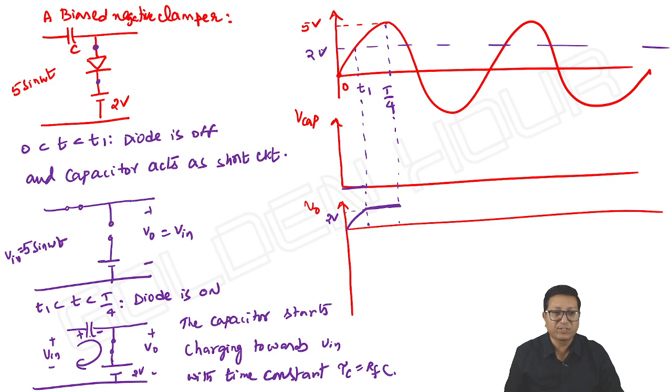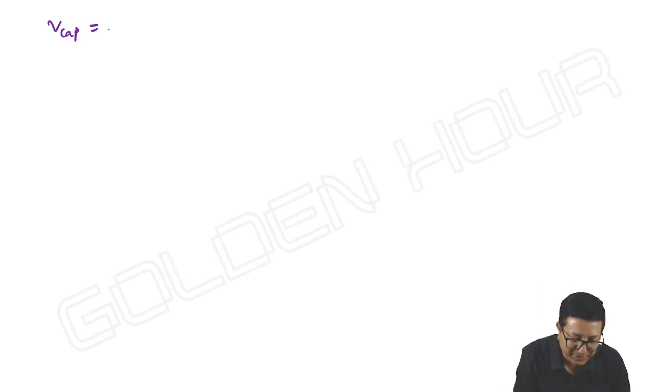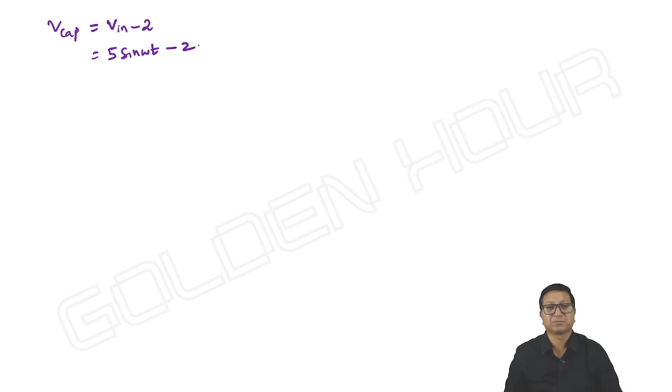What about V capacitor? It is V in minus V output, we can write. So V capacitor is not equal to the input. Earlier, the capacitor voltage was equal to the input because the output was 0. But now the output is 2 volts, and hence V capacitor is equal to V input minus 2, meaning 5 sin omega t minus 2.